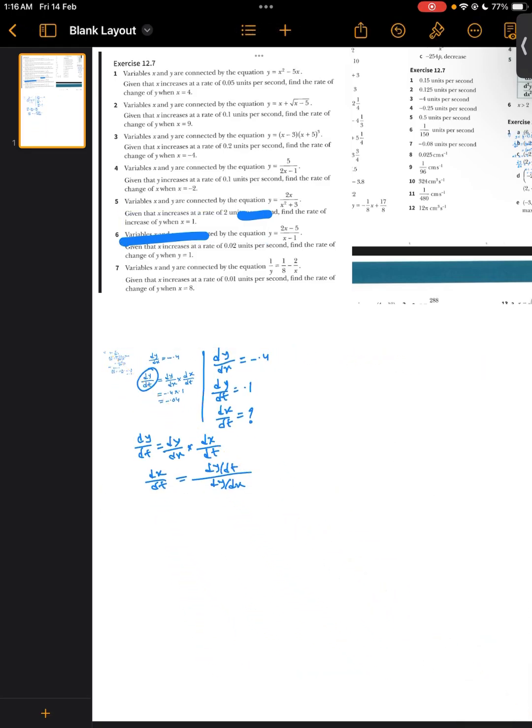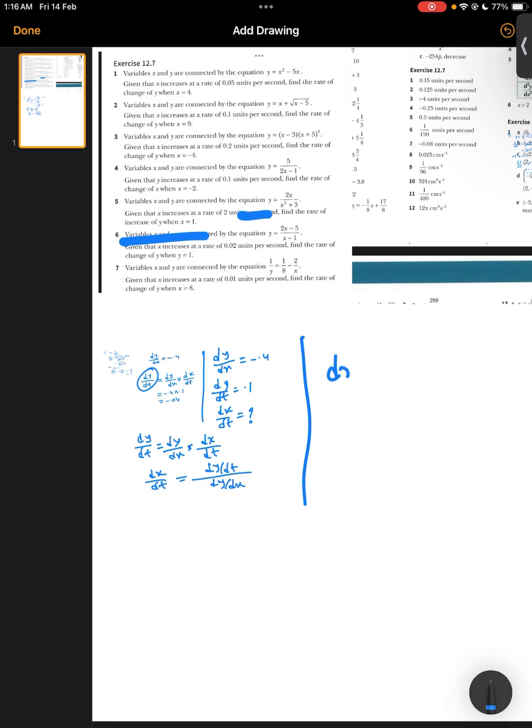So reading the question is very important. 0.1 times minus 0.4, so minus 1 by 4, minus 0.25 answer.